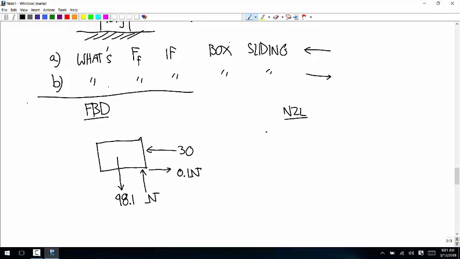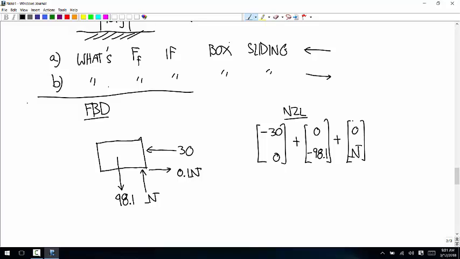So Newton's second law says negative 30, 0, plus 0, negative 98.1, plus 0, N, plus positive 0.1 N, 0, is equal to the mass times, this time it's moving, so there can be acceleration.